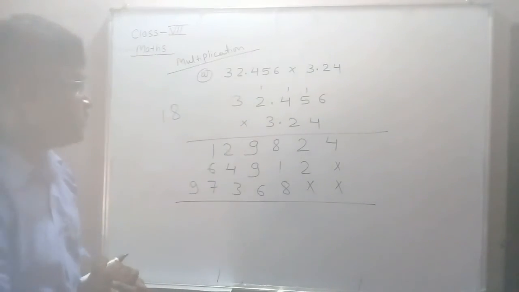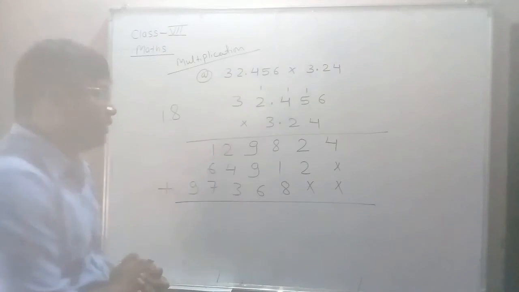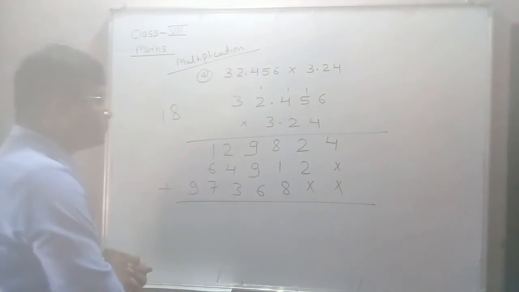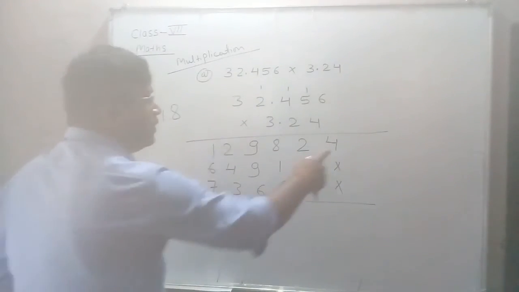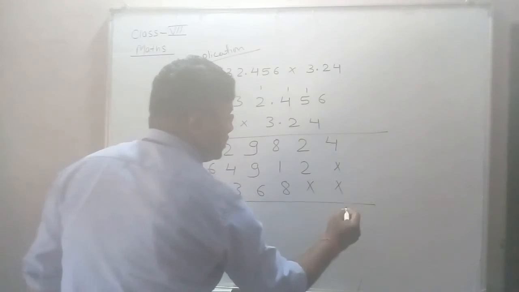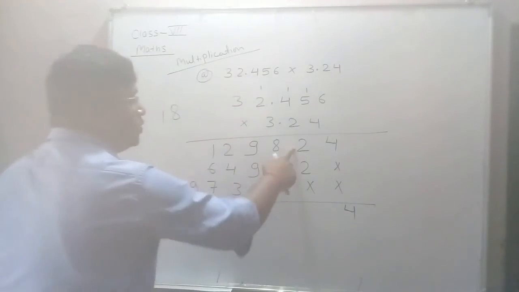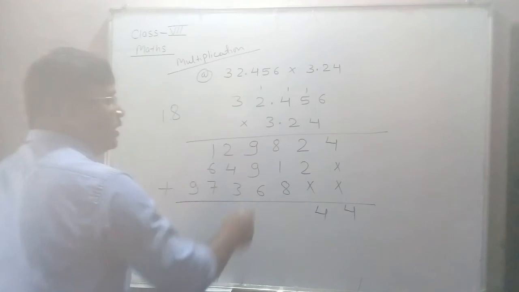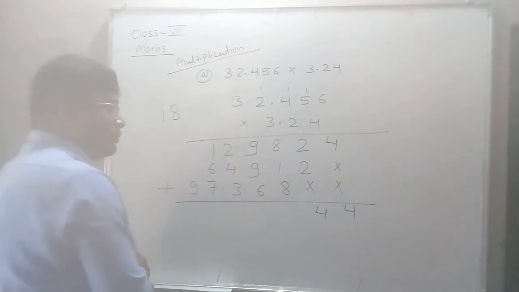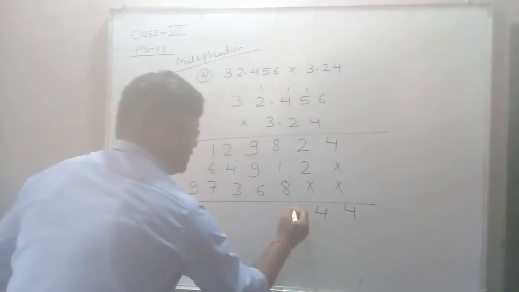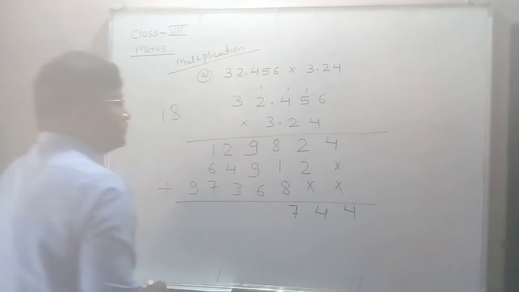Okay, so now at last what we have to do is just add it. So now let's add it. 4, these are zeros. Okay, 4 we got. Okay, 2 plus 2 is 4. Okay, 8 plus 1 is 9, 9 plus 8 is 17, 7 carry 1.